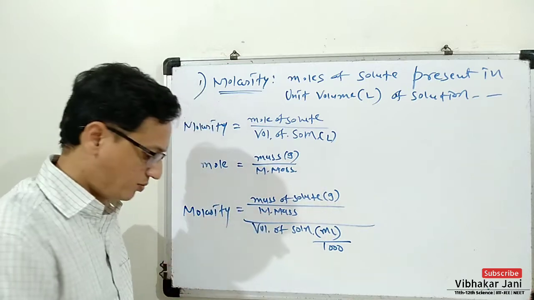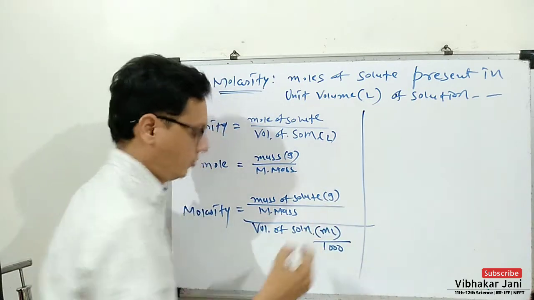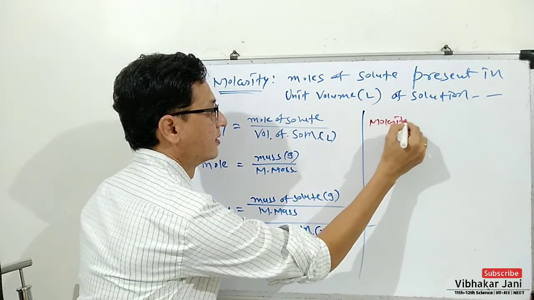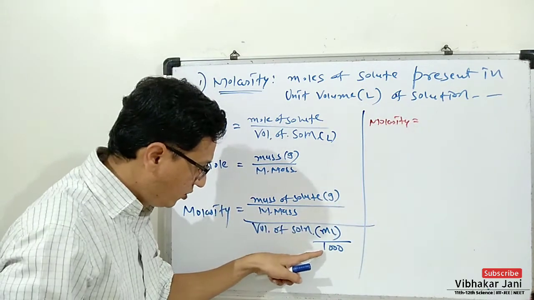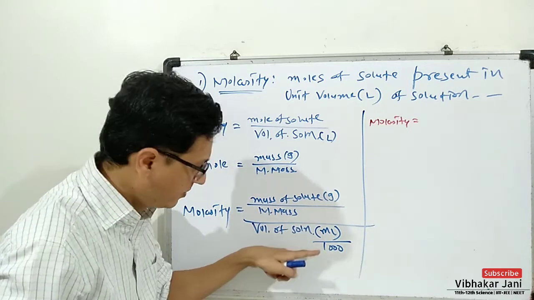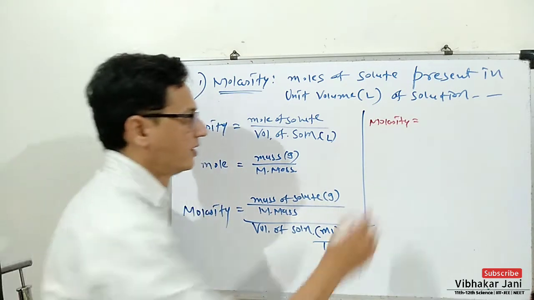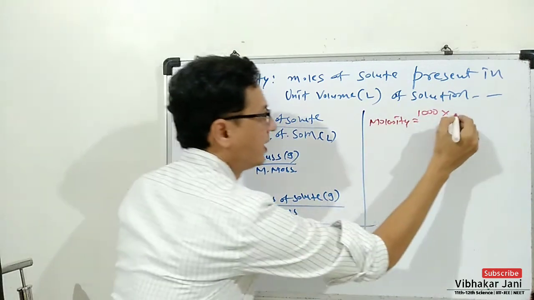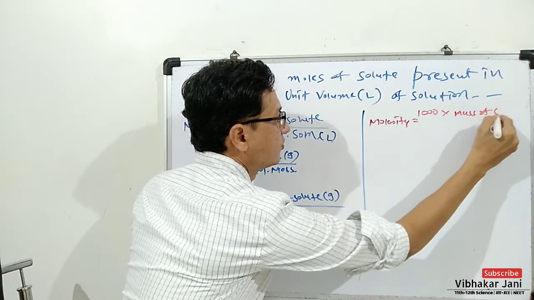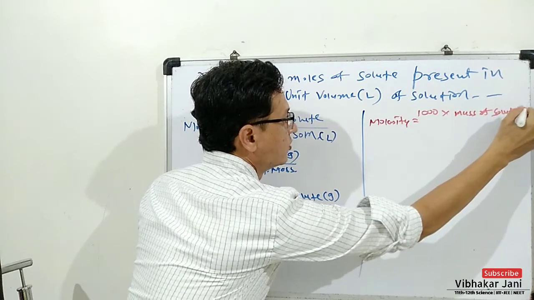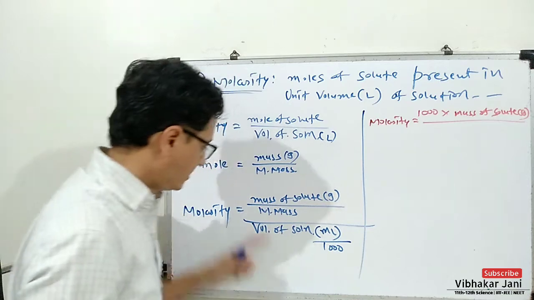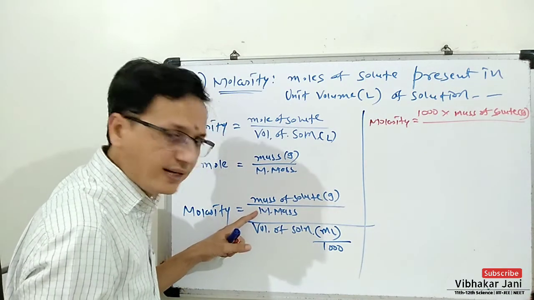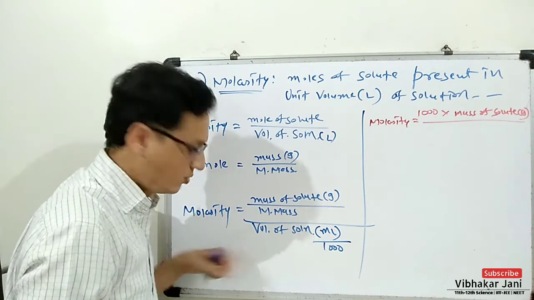Now let us simplify this formula. So it will look like this. Molarity is equal to, this is the denominator of denominator. That means it will go to numerator. So I will write 1000 multiplied by, this is already mass of solute in gram divided by, this is the denominator of numerator, so it will be in multiplication with denominator.